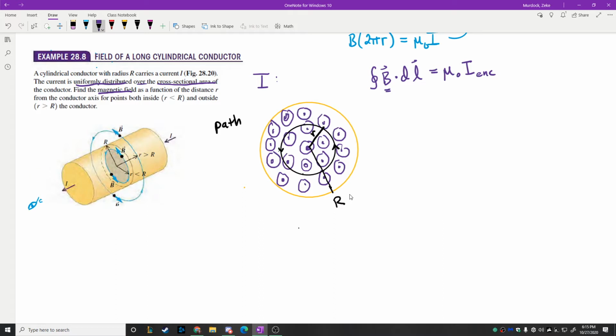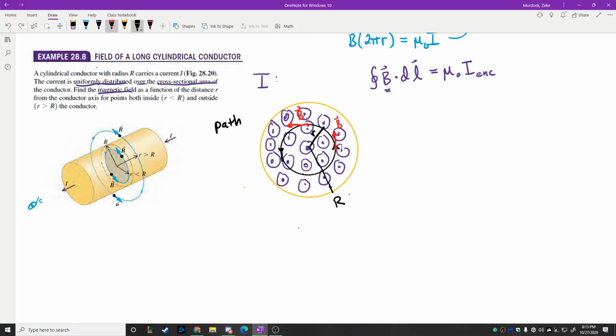I would argue that, similar to the previous problem that we had done, the direction of this magnetic field at any point should be tangent to the path that we've chosen here, and that this magnetic field should be the same at all points along the path. Individually, each of these path elements is also going to point parallel.